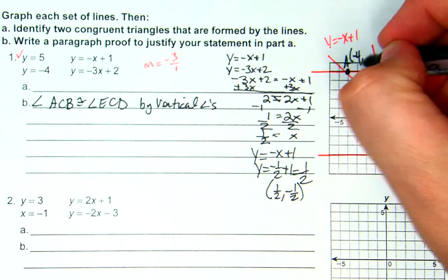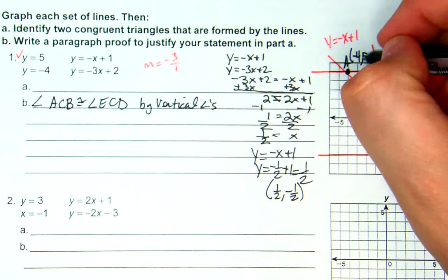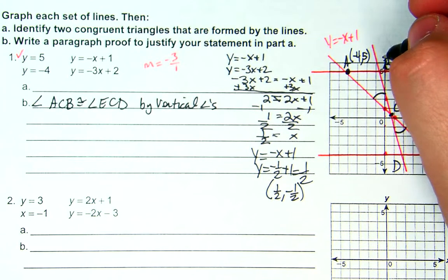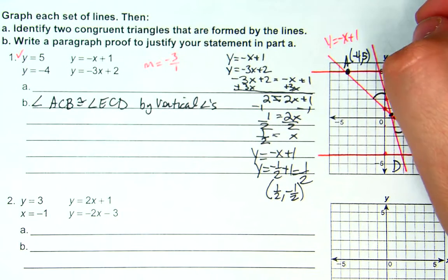A is at negative 4, 5. B is at negative 1, 5.